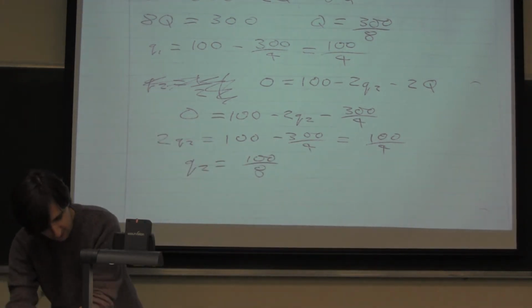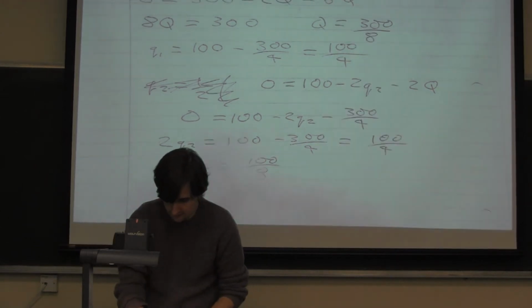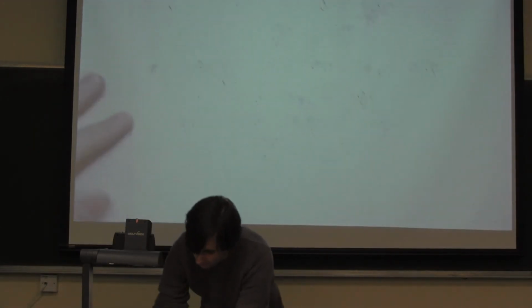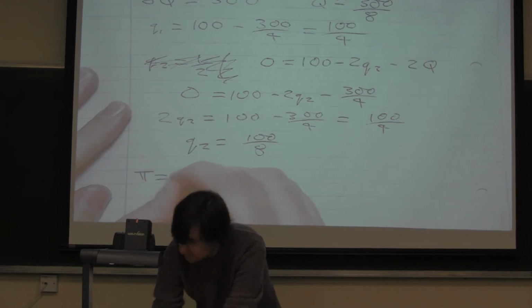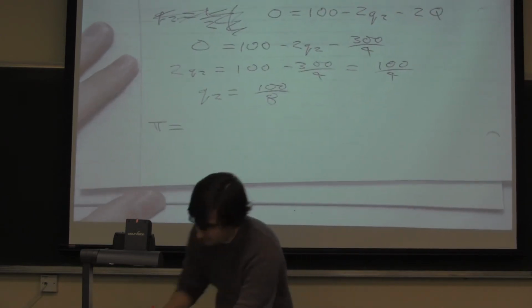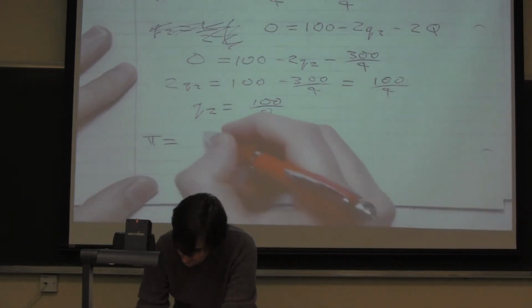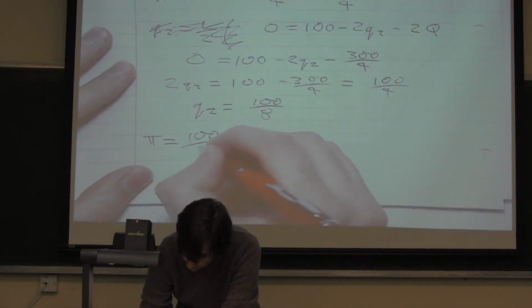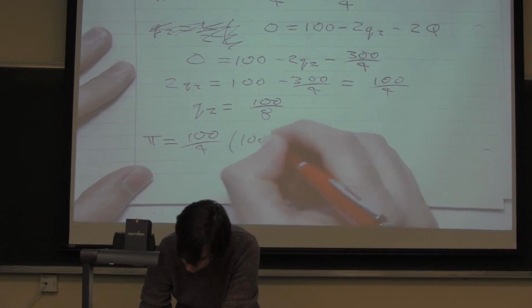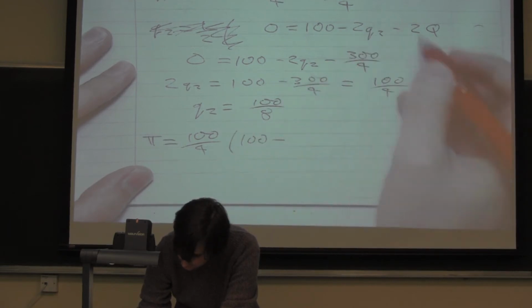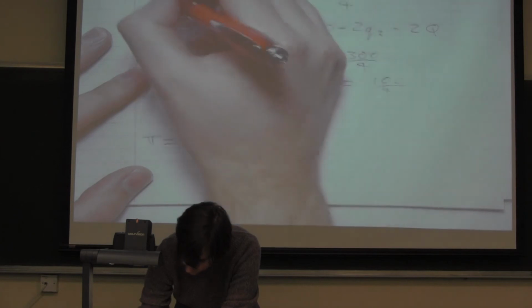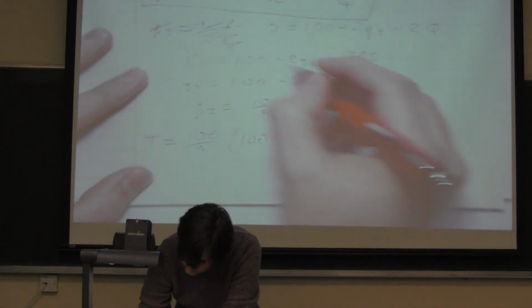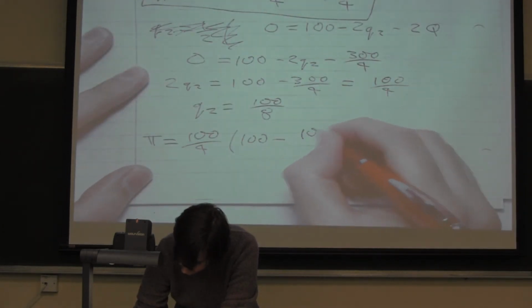This is just a matter of plugging in. We know what Q1 and Q2 are. We just plug back into profits. Plugging into the expression for profits, we get 100 over 4 times 100 minus Q1 over 2. Where was Q1? Q1 is this one. So 100 minus 100 over 8.